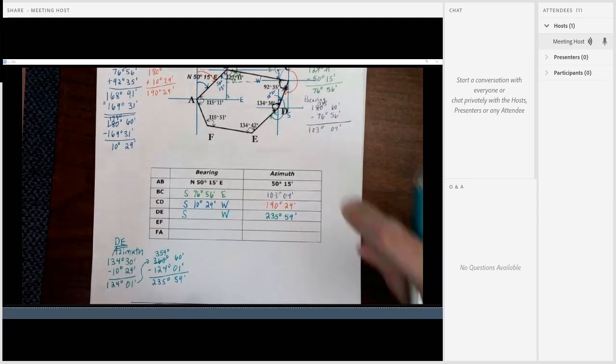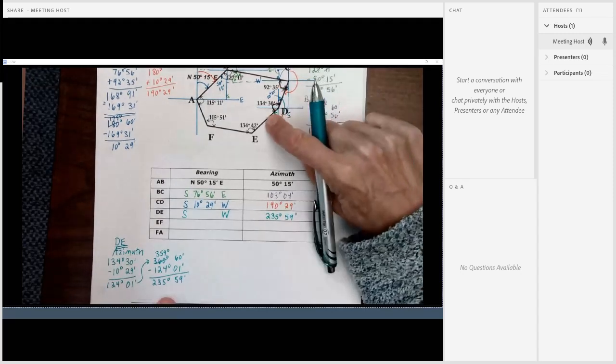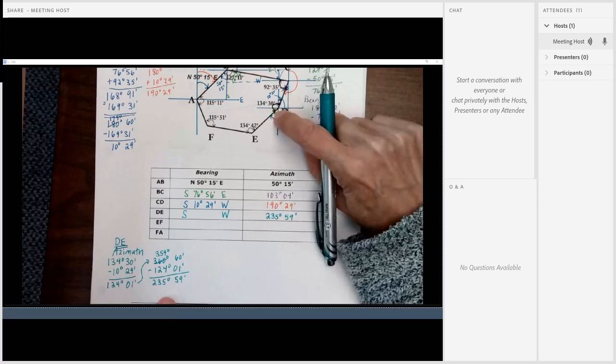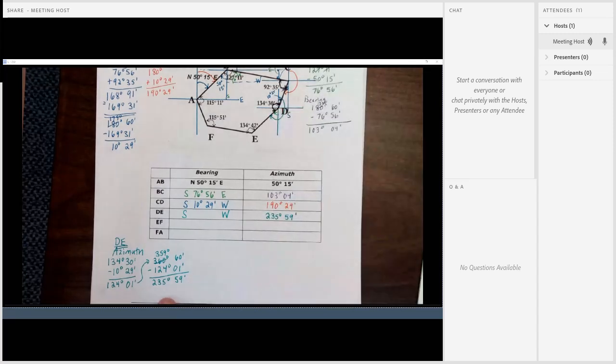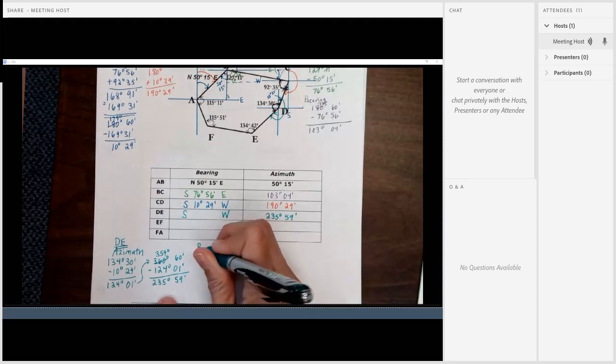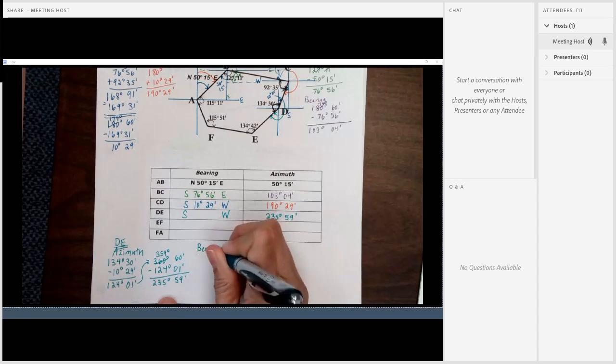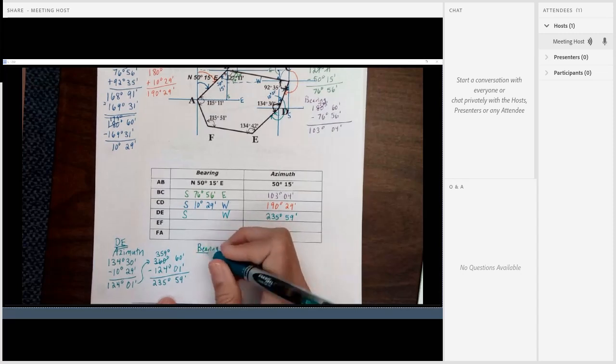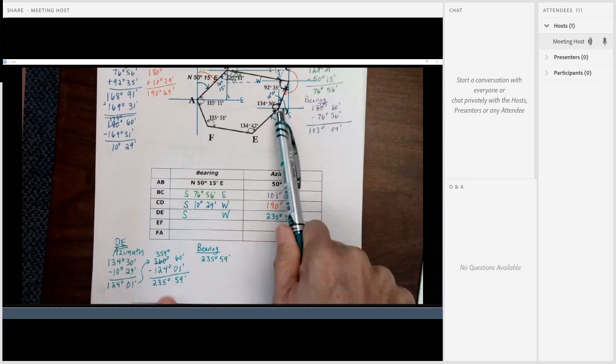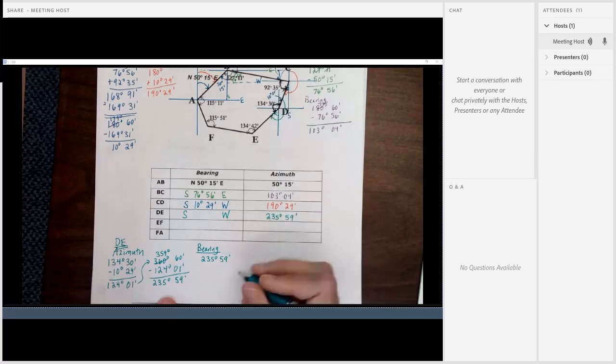And so I can say, well, if this azimuth is going all the way to here, the bearing is just part of that. I can take that azimuth and then subtract 180 from it to find the bearing. So I'm going to go ahead and do that for my bearing for DE and take that 235 degrees, 59 minutes, and subtract off that 180.